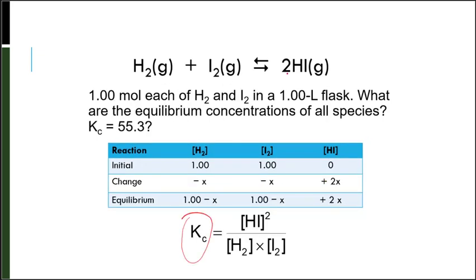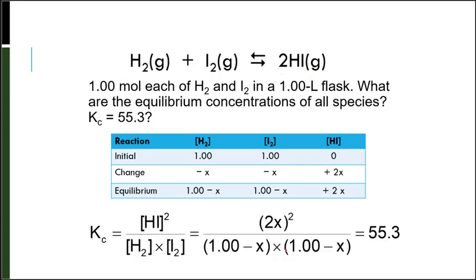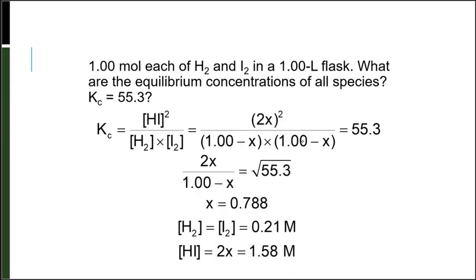Knowing my Kc is my products, HI squared, over both of my reactants times each other, I'm going to plug in my values. So (2x) squared over (1 minus x) times (1 minus x) is equal to my K value of 55.3. Because (1 minus x) times (1 minus x) is (1 minus x) squared, and then I have (2x) squared on top, I'm going to simplify that, get rid of my squares, and then square root my 55.3.